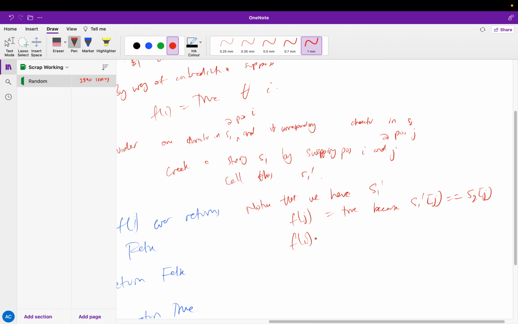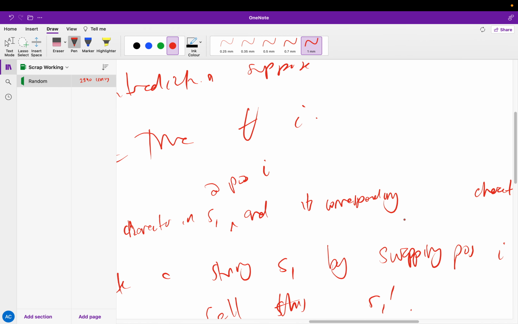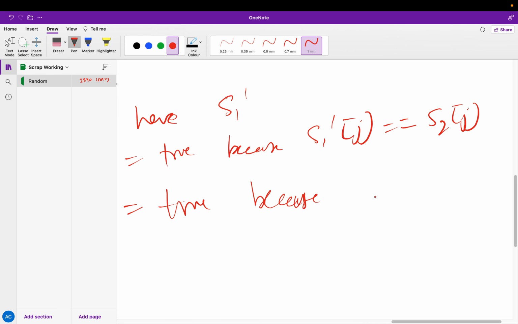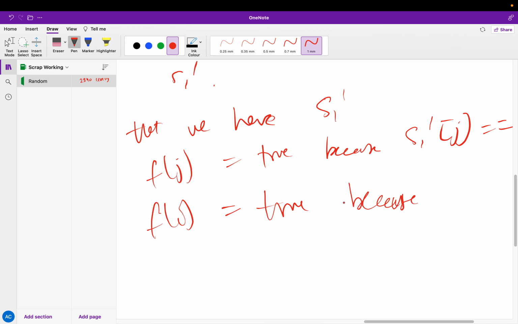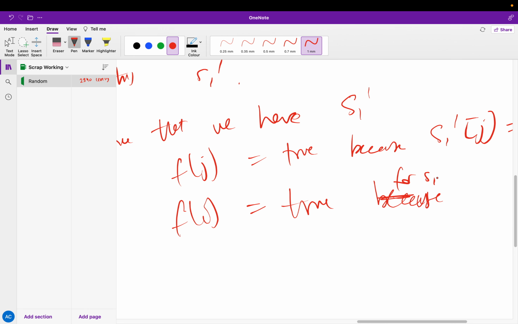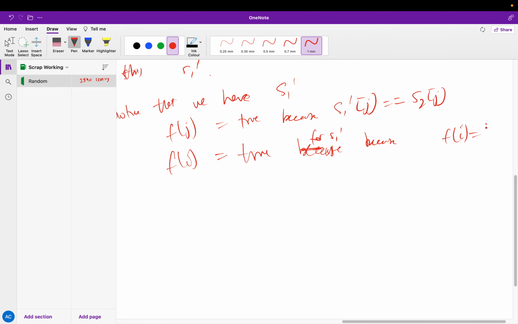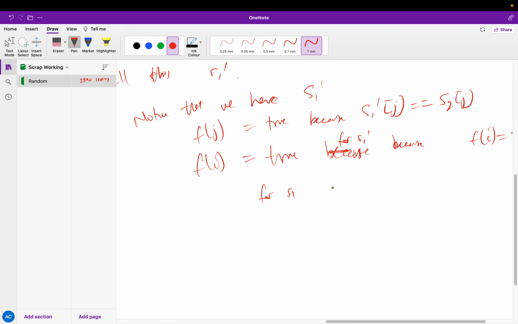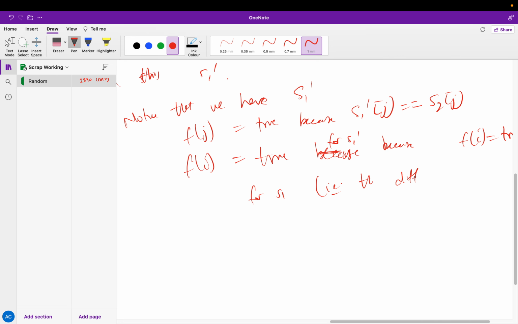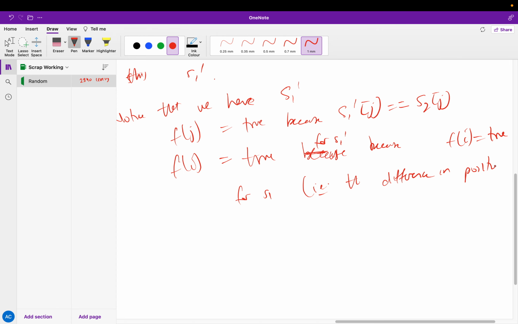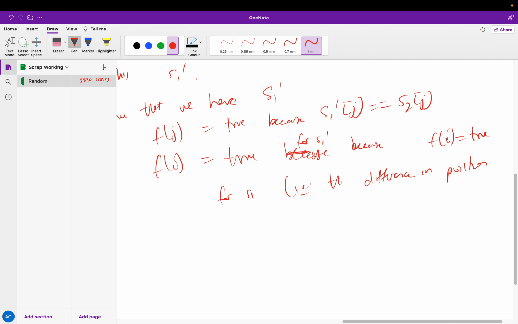And then f of I will also equal true because f of I equals true for S1 prime, because... sorry, I'm wigging out, but this doesn't make sense. I just need to write it out properly.